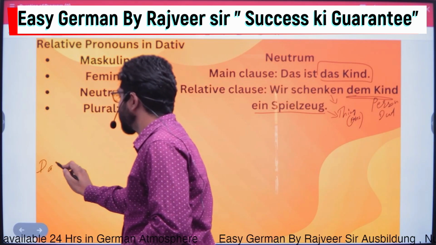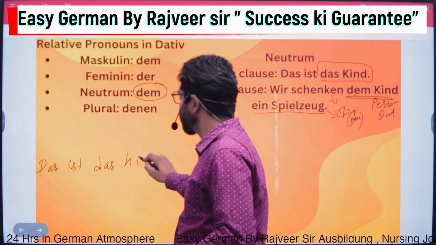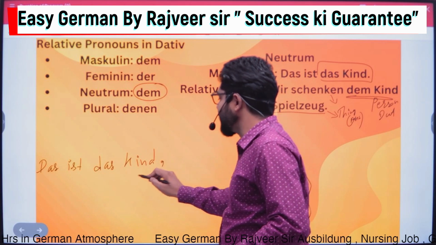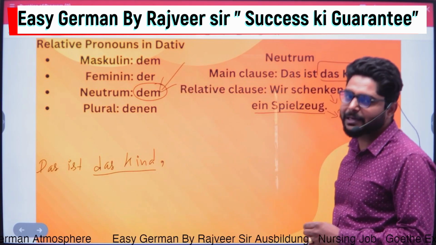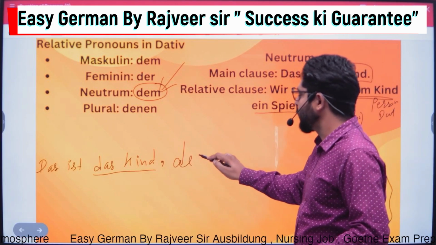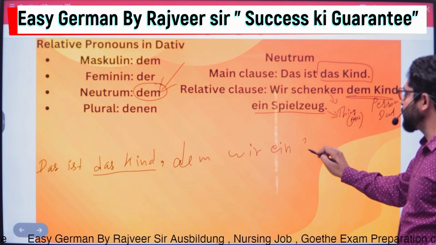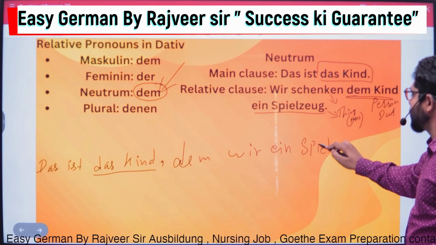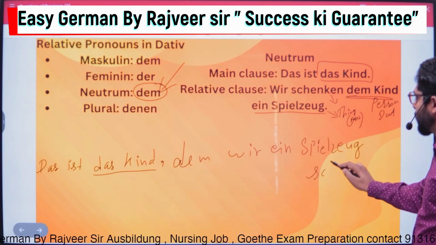Das ist das Kind. So now you can see Kind is having a neutral article, and for the neutral in the Relativsatz we use dem. So das ist das Kind, dem wir ein Spielzeug schenken.